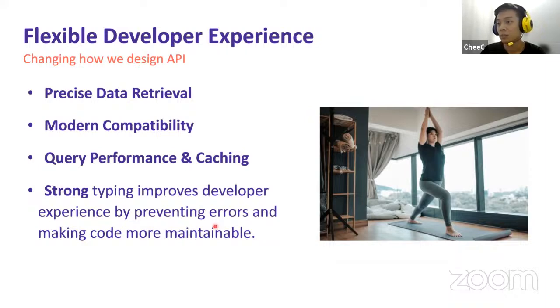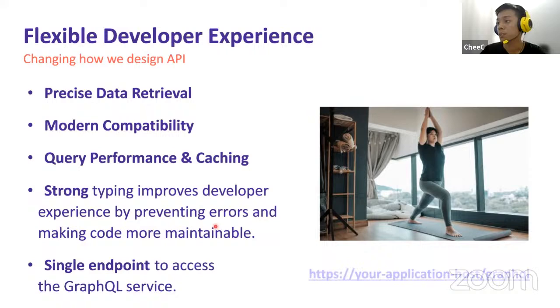In this case, it will throw an error immediately, and we cannot run until we fix that. So it will make code more maintainable and prevent some developer errors. Most importantly, all of the requests can be done through a single endpoint in GraphQL.